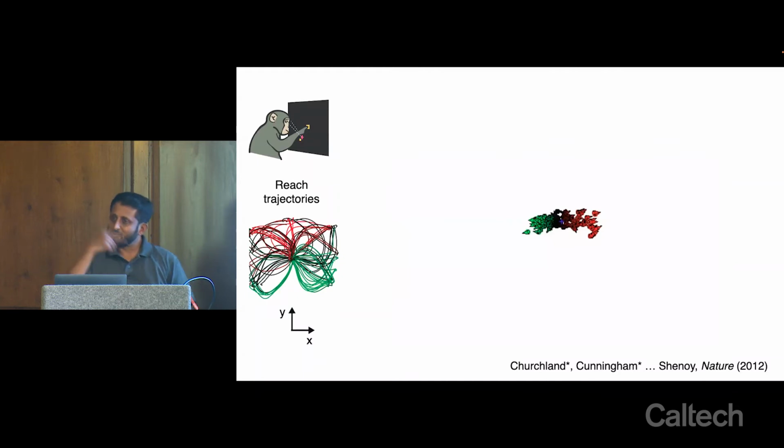So remember when I was talking about the older theories of what the neurons were doing, that they're representing the different behavioral variables. By that theory, 100% of the neural activity should be represented by what's going on here, right? If all the neurons care about is what the arm is doing right now, then you should be able to predict their activity completely by this. But actually a very small fraction of their activity is predictable. Yeah, good question.